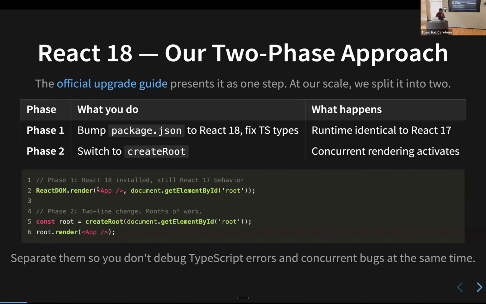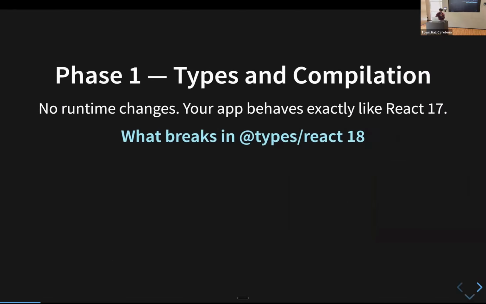So this is how it looks. For example, if your app is using ReactDOM.render, then it's using the legacy mode, the non-concurrent version of React. If you're on createRoot, then you're using concurrent React in your code bases. In phase one, it's mainly about fixing the types.